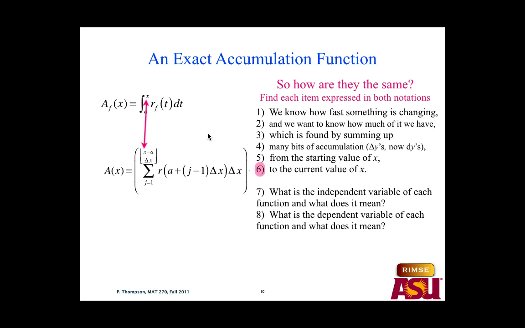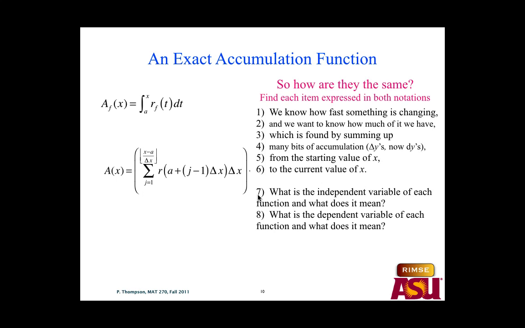So the independent variable in both of these functions, question number 7 here, the independent variable of each function, you can see in the function notation, is that x. Okay? So that independent variable is accumulation through x, starting at lowercase a, or accumulation in an exact form between a and x.